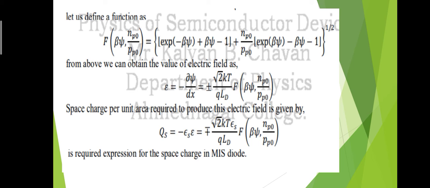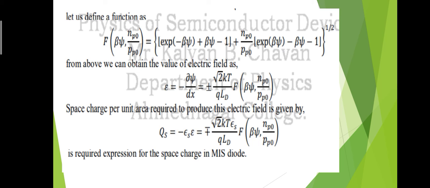So here there is a reverse sign, that is minus plus root kT divided by q LD as it is, and the multiplied term epsilon s into the function again as it is, that is f of beta psi, np0 divided by pp0. So this is the required equation for the space charge per unit area required to produce the electric field epsilon, and this is for the MIS diode, generally the ideal MIS diode. So this is the required expression for the space charge in an ideal metal insulator semiconductor diode.